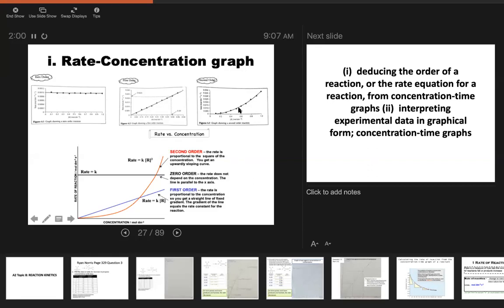This is because whatever effect you do to the concentration of that particular reactant, the rate will feel the square of that effect. And this graph at the bottom is just showing you a combination of your zero order, which is the black line, first order, which is the blue line, and second order, which is the red line.